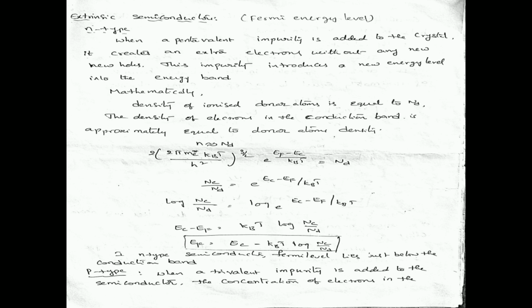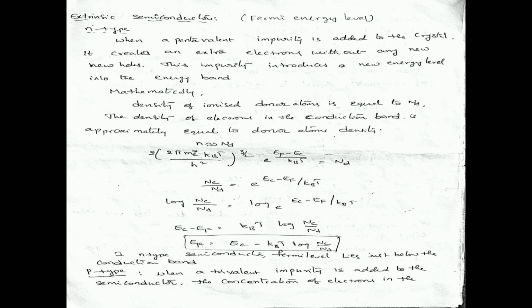Here we already know the electron concentration is 2 into (2 pi me star kBT by h square) to the power 3 by 2 e power (Ef minus Ec) by kBT, that is equal to Nd. Nd is the density of ionized donor atoms. That value is Nc e power (Ef minus Ec) by kBT is equal to Nd.